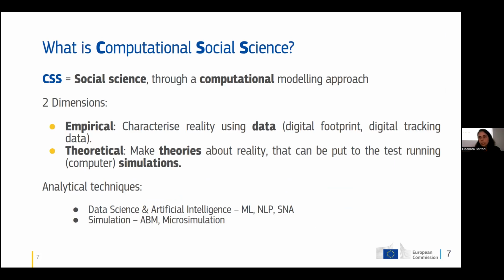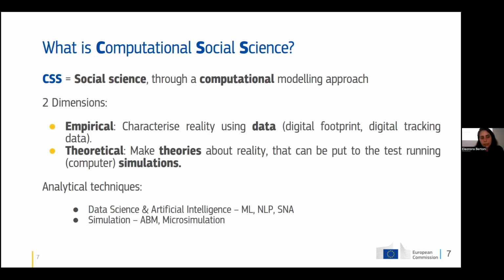So what do we mean by computational social science? We want to tackle societal issues through computational modeling approaches and by means of non-traditional data.